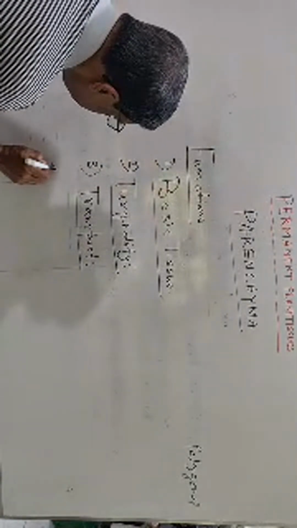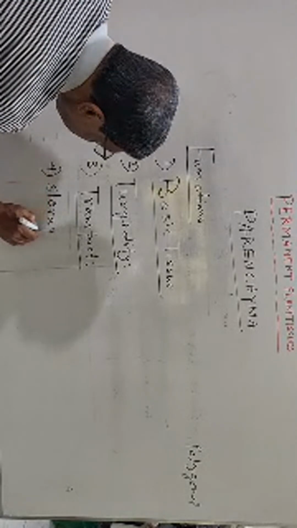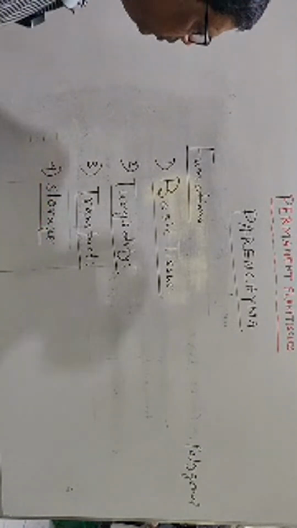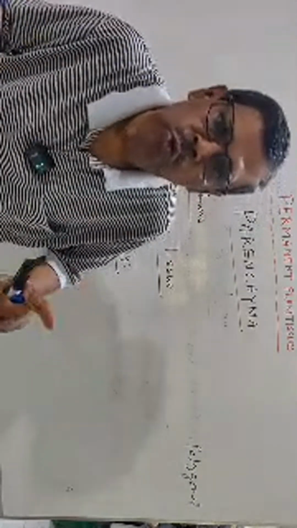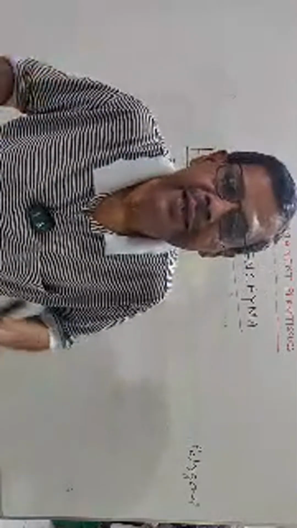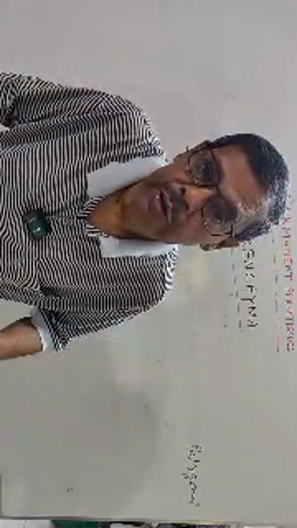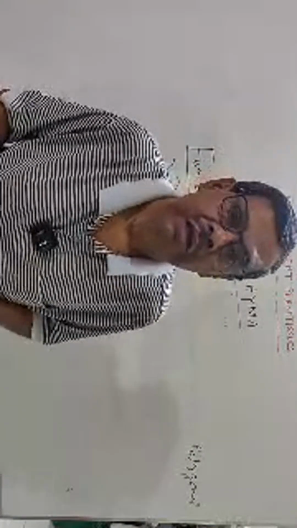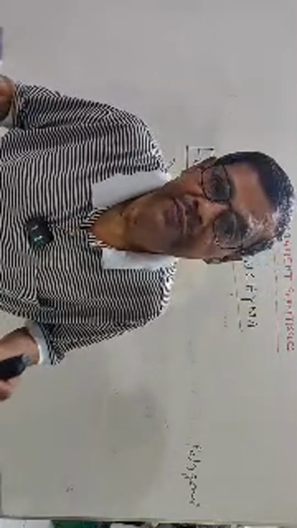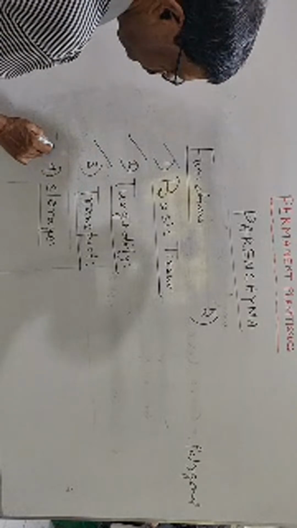Number 4, storage. It stores different types of food material, mainly starch. So it may be called the storage tissue. Next, number 5, basic tissue activity: transport, storage.